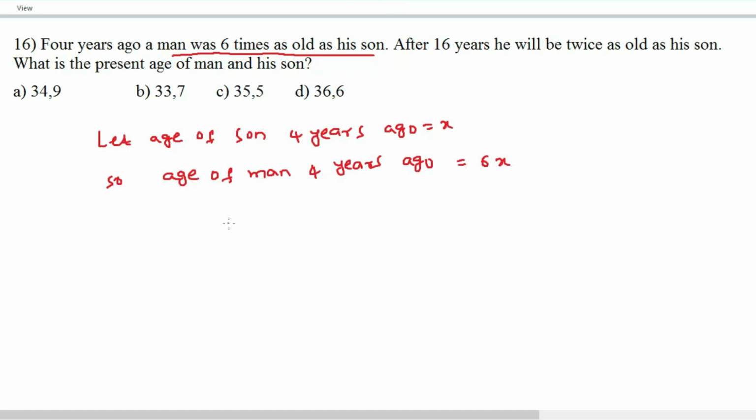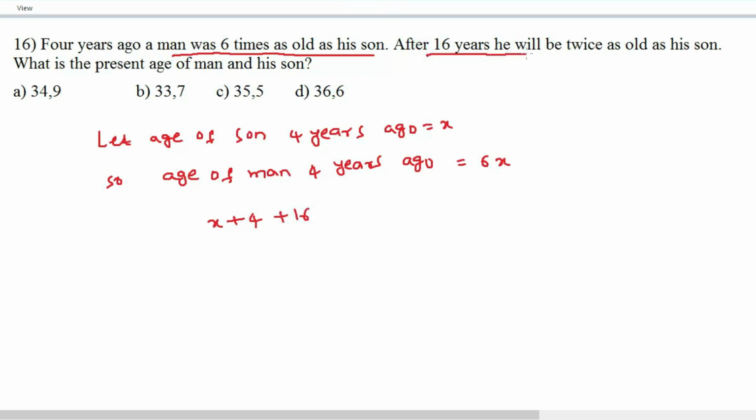As per question, after 16 years, age of son 4 years ago x. X plus 4 is son's present age, plus 16 is after 16 years.